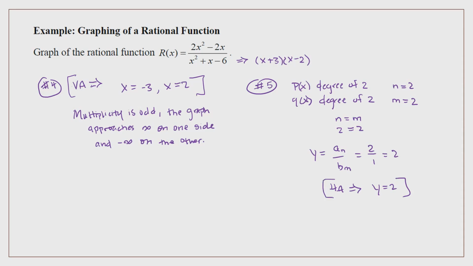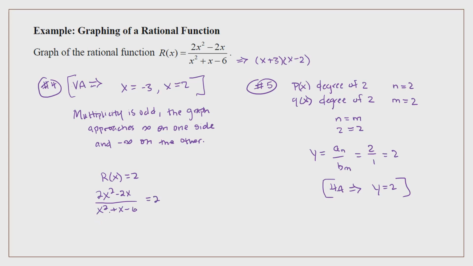Excellent. So now let's determine if there is a point on our graph that intersects with this asymptote. So to find that point, we're going to set r of x equal to 2 and determine what the x-coordinate would be. So we'll have 2x squared minus 2x divided by x squared plus x minus 6 equals 2.